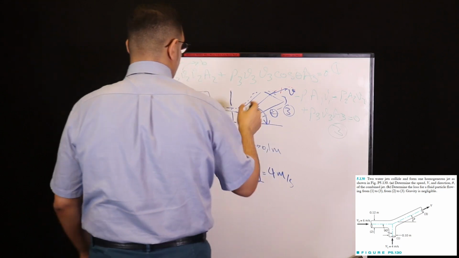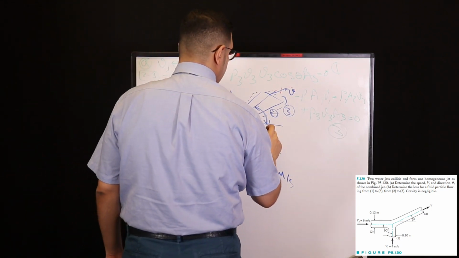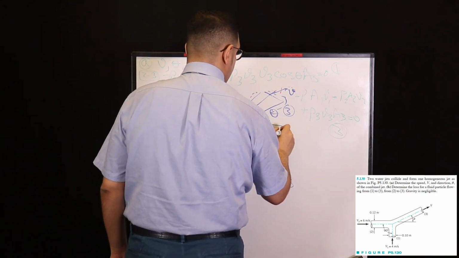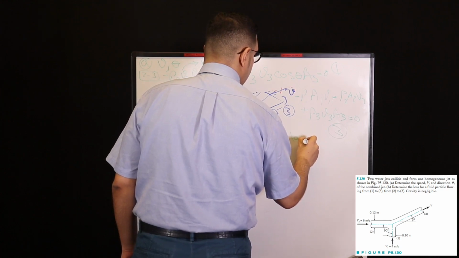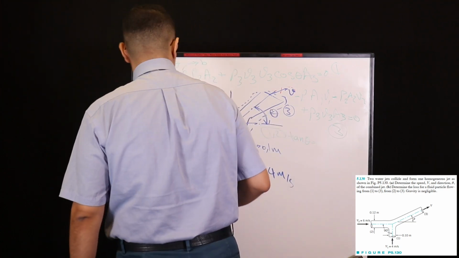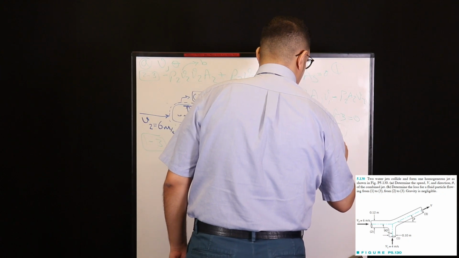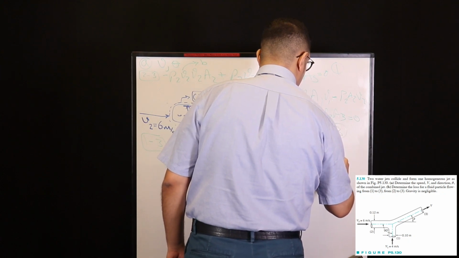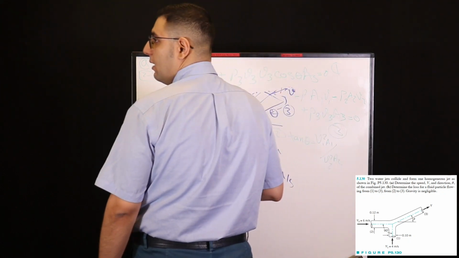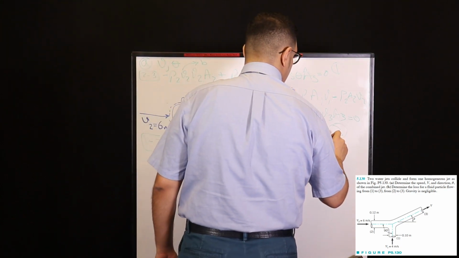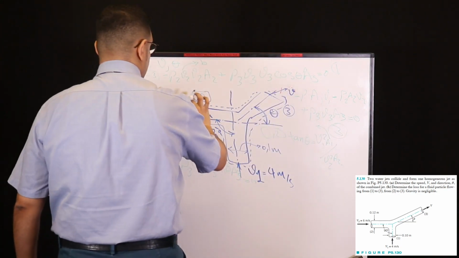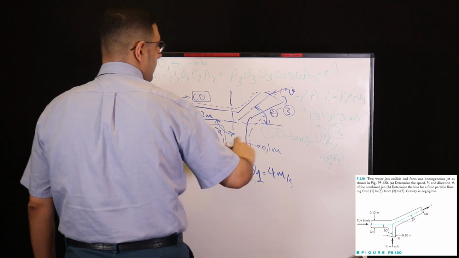So, combination of equations 1 and 2, we can have the tangent of theta as V1 to power 2 A1 divided by V2 to power 2 A2, where these are circular areas.